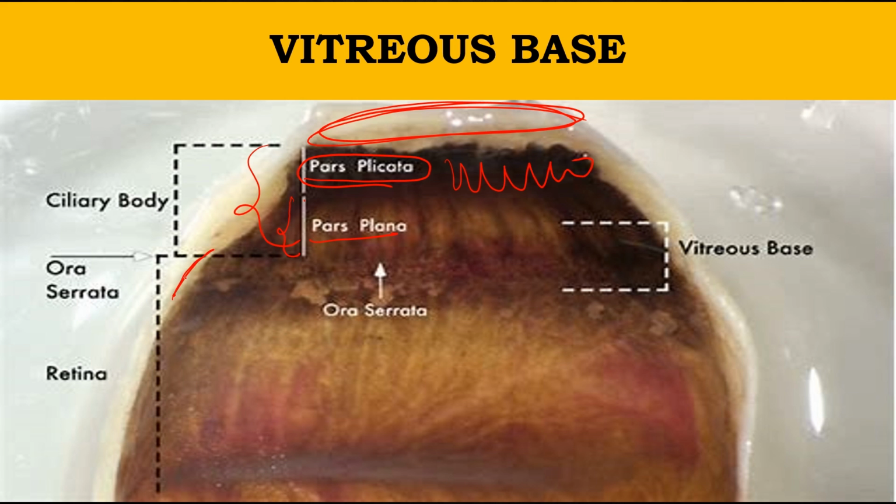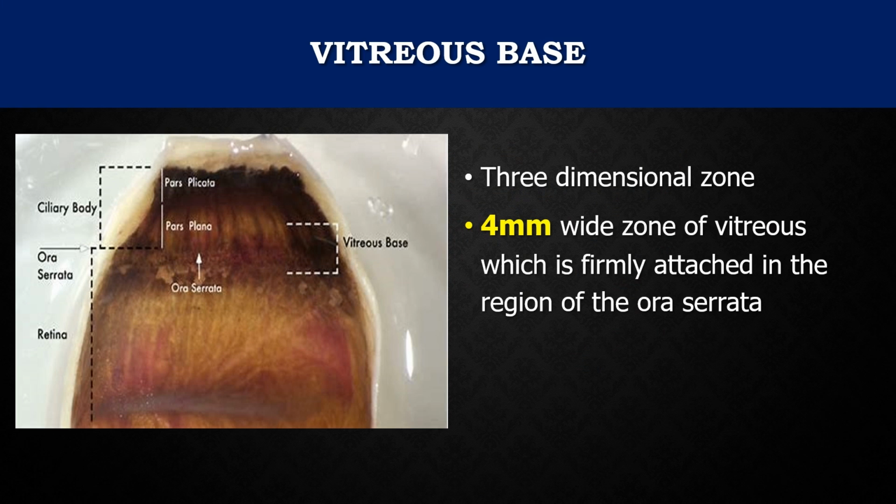The anteriormost part of the retina is known as the ora serrata. At the point where the retina is basically connecting to the pars plana, that is known as the ora serrata. Now, a portion of the vitreous basically straddles this ora serrata and the pars plana region, and that 3D structure, or that part of the vitreous, is known as the vitreous base.